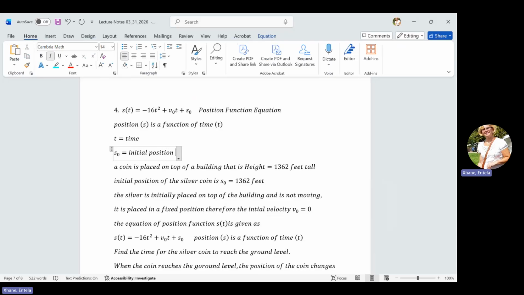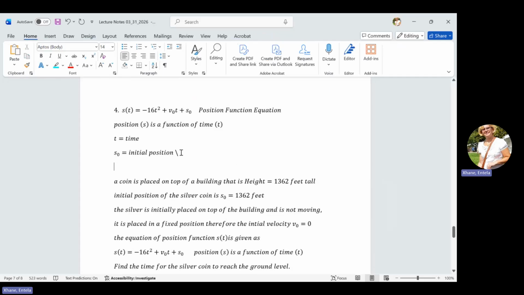But if the object is placed on top of a building, you have to look at how tall the building is to find out what the initial position of the object is going to be. If the building is like 1,000 feet tall, that's going to be your initial position, S0.